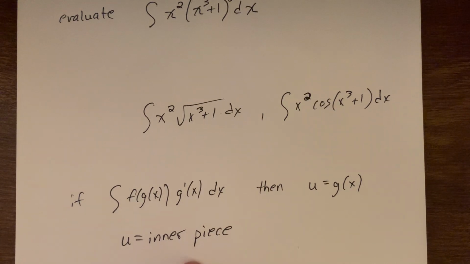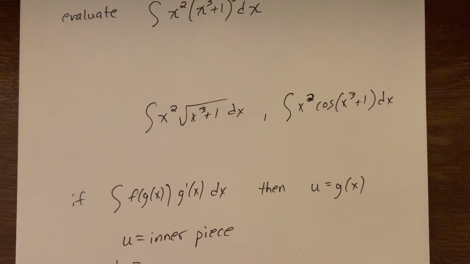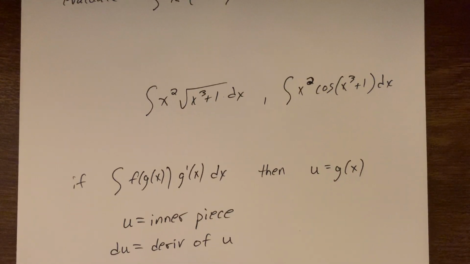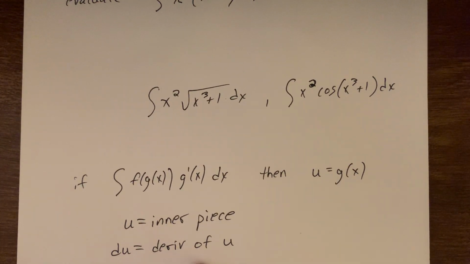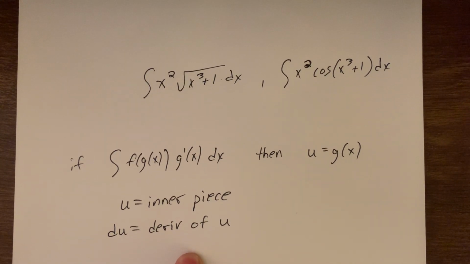And then as soon as we identify U, then we will move right into du, which is short for the derivative of function U. And this is where some sense of implicit derivatives come up here. But again, we'll see a few ways to make this work.